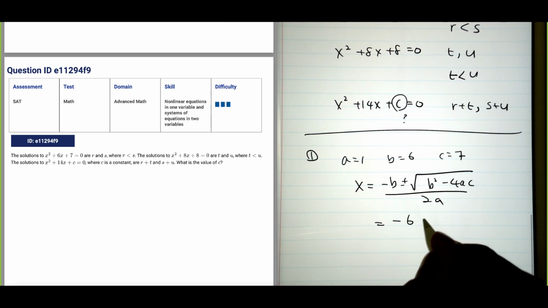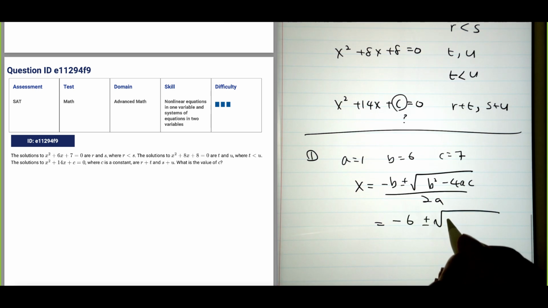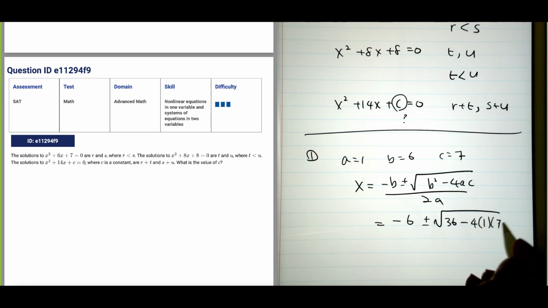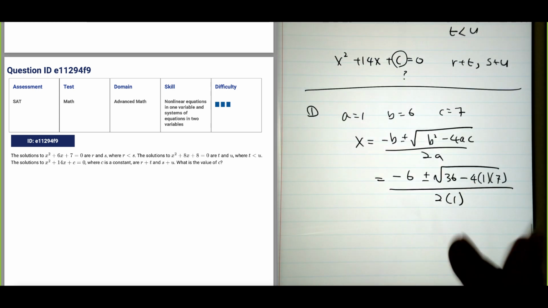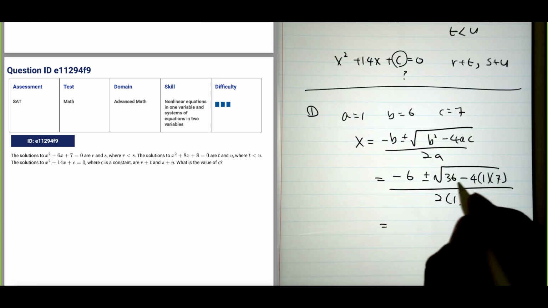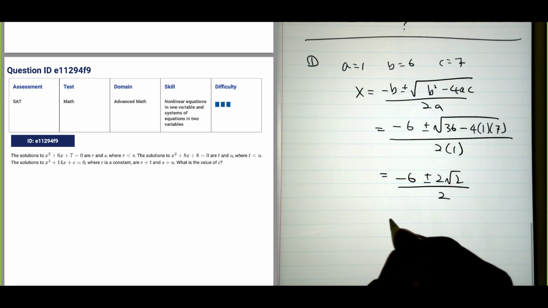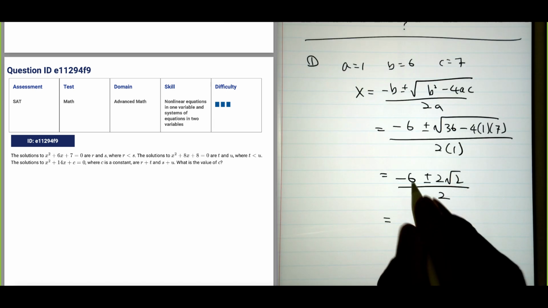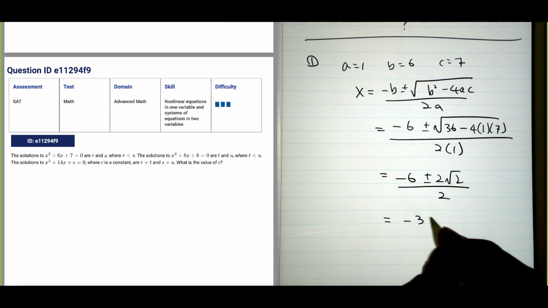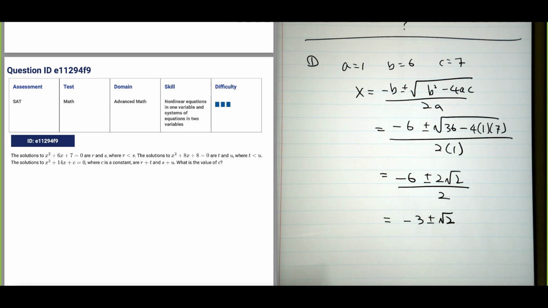So negative 6 plus or minus the square root of 6 squared, which becomes 36, minus 4 times 1 times 7, all over 2 times 1. Yes, it's a bit messy, but you get negative 6 plus or minus the square root of 8, since 28 subtracted from 36 gives you 8, so that becomes 2 radical 2 over 2. We can further split this into two fractions: negative 3 plus or minus radical 2.